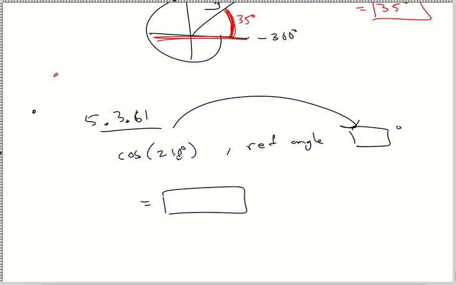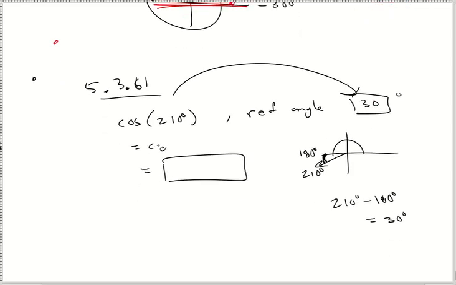Let's figure it out. So reference angle for 210 is somewhere over here is 210. Acute angle right here. That's the 180. So I'm going to subtract the 180 this time to find that small little angle, which is 30. So what they're actually wanting is cosine of 30 degrees.